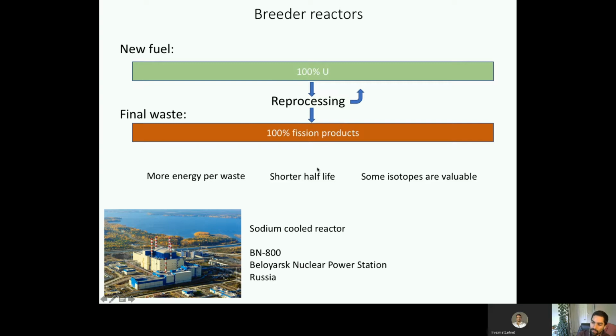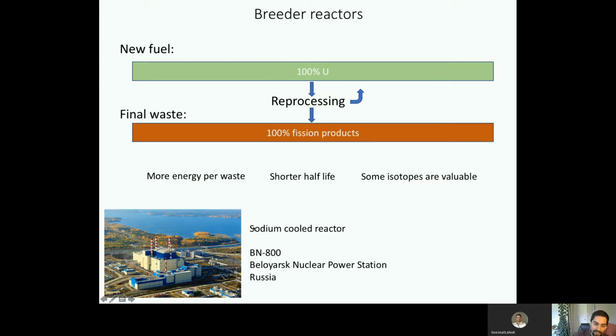Inside the reactor, sooner or later, it is going to absorb a neutron and be transformed into something else that is less problematic. So basically, with this type of reactor, we are capable of essentially getting rid of the nuclear waste problem.